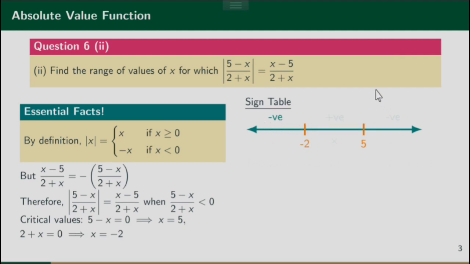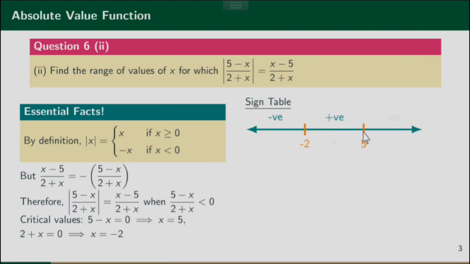Now in the second region, let me pick any value between them. Of course, 0 is the easiest value because there's a change in sign. So let me take 0. 5 minus 0 gives positive 5. 2 plus 0 gives positive 2. And positive 5 divided by positive 2 gives me a positive value.